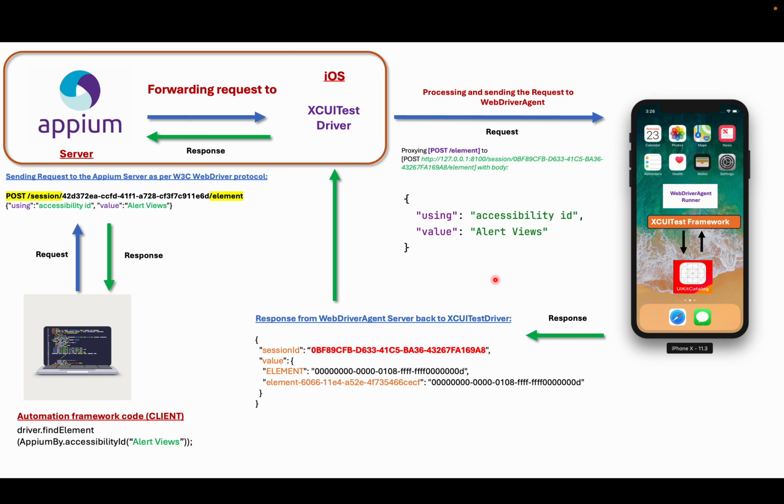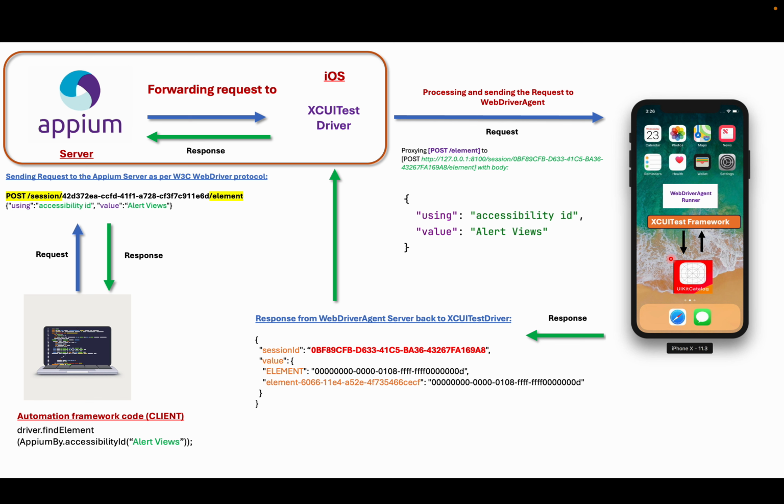Because WebDriver agent runner understands your WebDriver commands as they are, and it converts those WebDriver commands into actions that the iOS XCUITest framework can execute. But in the Android ecosystem, it needs the UiAutomator2 driver to convert those WebDriver commands into Android specific requests before sending them to the UiAutomator2 server. So this was the key difference which I was talking about.